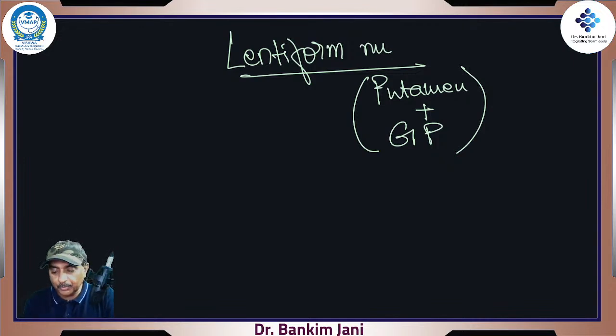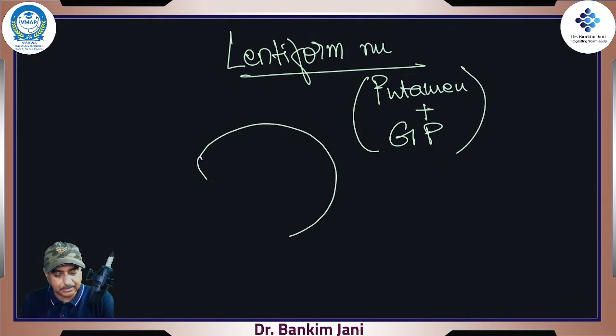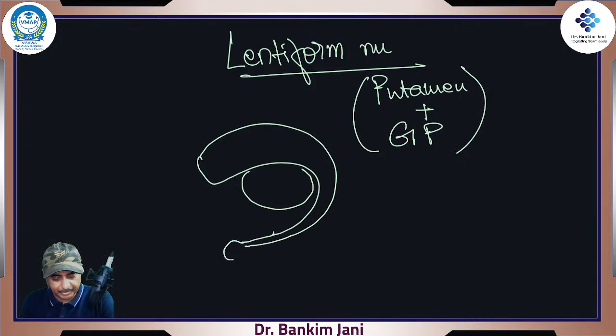So putamen is the inferior-most part, because this will be continuous with the head of that caudate nucleus. So that was the caudate nucleus, and that's where the putamen is. This one will be the amygdaloid body, and that's the putamen.